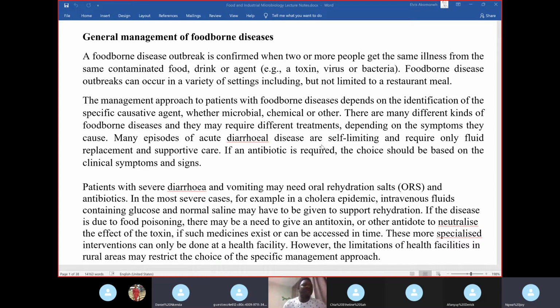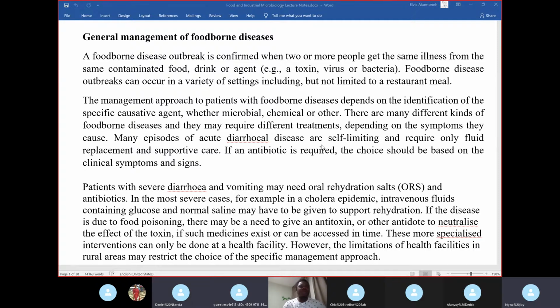There are different settings where this outbreak could originate from. A restaurant, for instance, where a food vendor is either preparing or serving food in very unhygienic conditions, or even at popular areas. For instance, when you're traveling from Bamenda to Douala, there is a popular spot at Melon where you always want to eat maybe meat or chicken.